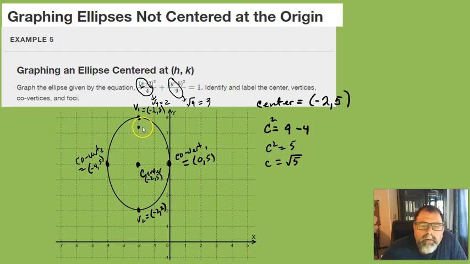So that would be our focus 1, which is, now we're adding it to the y coordinate, so it'll be negative 2, comma, 5 plus square root of 5. And then this one would be negative 2, 5 minus square root of 5. Okay, so that's all your points.